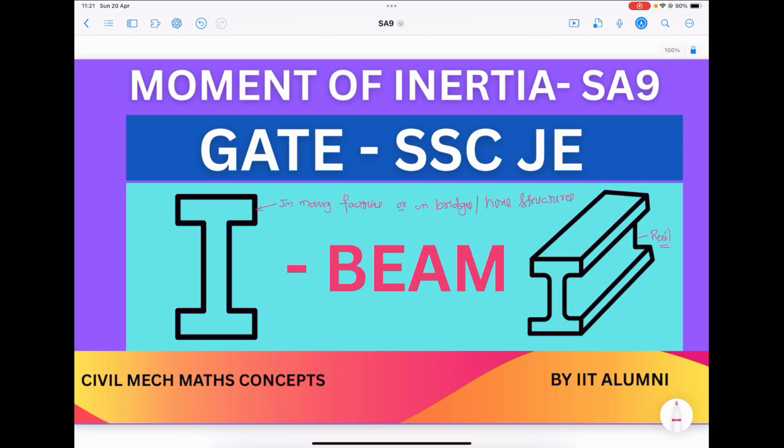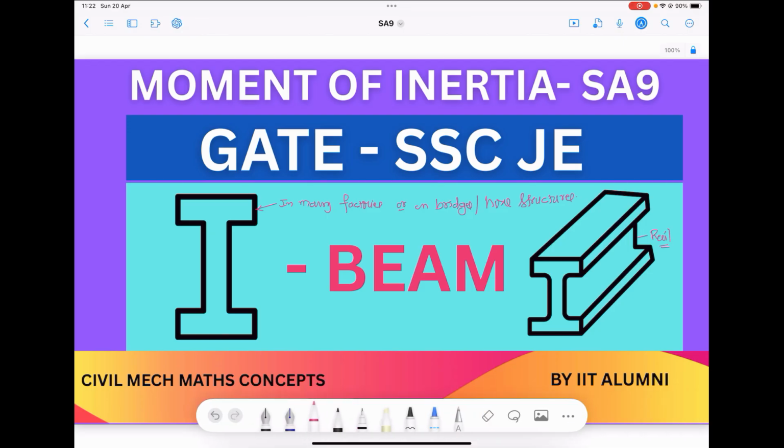We use I-beams, and I want to discuss how to find the center of gravity or the neutral axis of the I-beam, and also to find the moment of inertia of the I-beam with respect to the center of gravity. Let us take the dimensions of the I-beam.